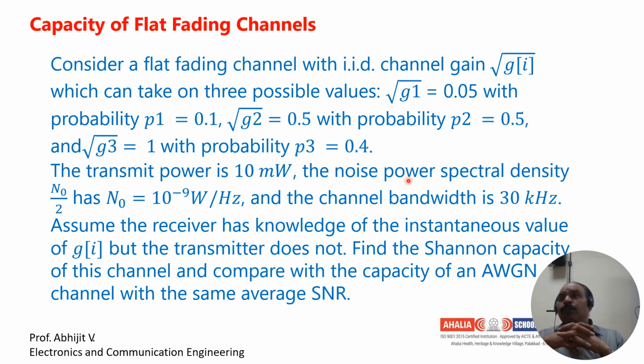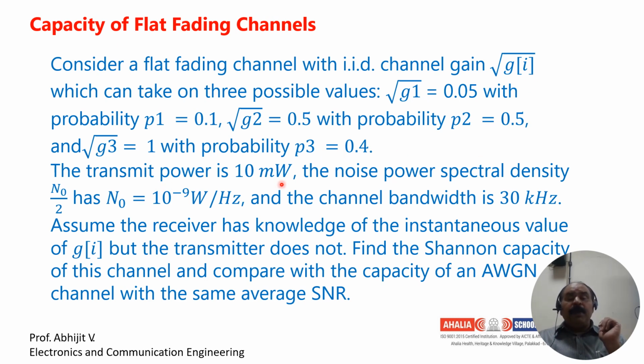All of you listen very carefully, you may get problems based on this. The values of channel side information, we have given three values and the probability of all these three values are given.